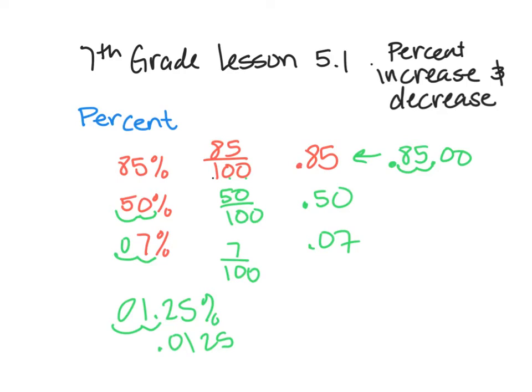The opposite is true if I want to change a decimal into a percent, because now I'm multiplying by 100. So I move the decimal 2 spots and 2 spots only to the right, adding zeros if needed. If I want to change 0.85 to a percent, move the decimal 2 spots over, put the percent sign: 85%.